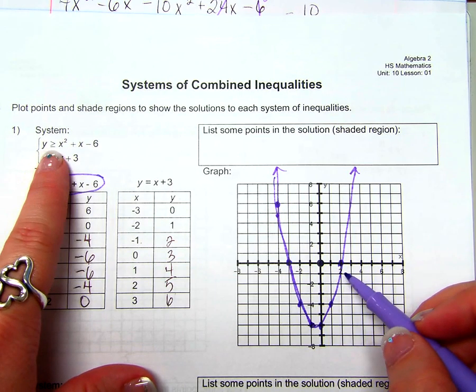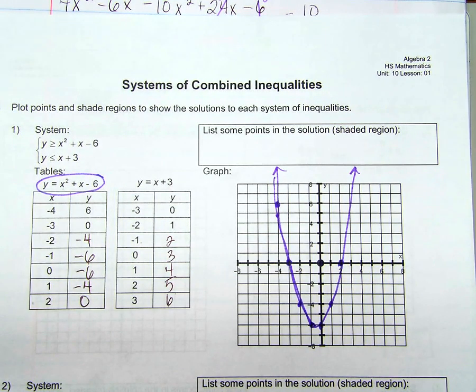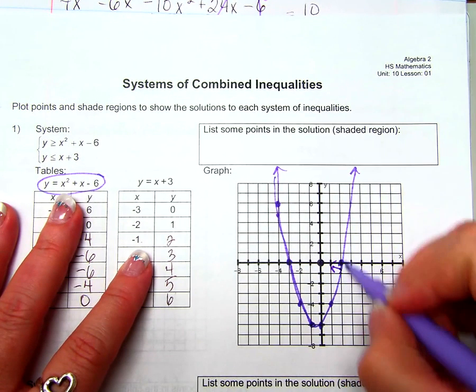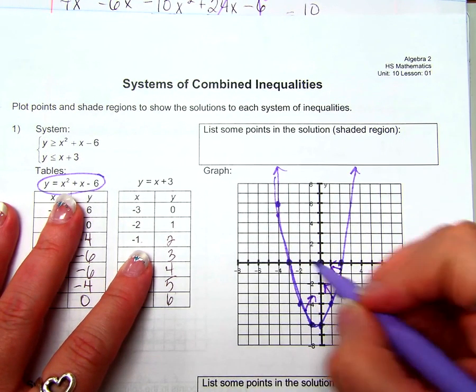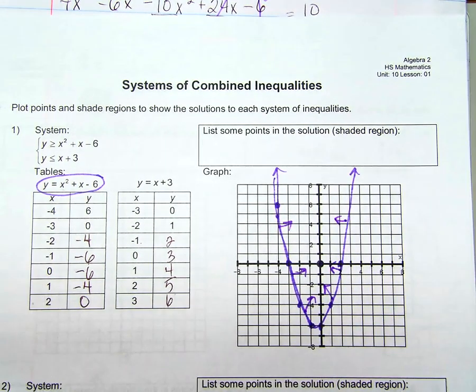So you get 0 is greater than or equal to negative 6. Is 0 greater than or equal to negative 6? Yes. So I'm going to shade toward the point that I chose. And in this case, the point that I chose was inside of the parabola, so I'm going to shade inside of the parabola. You okay with that?